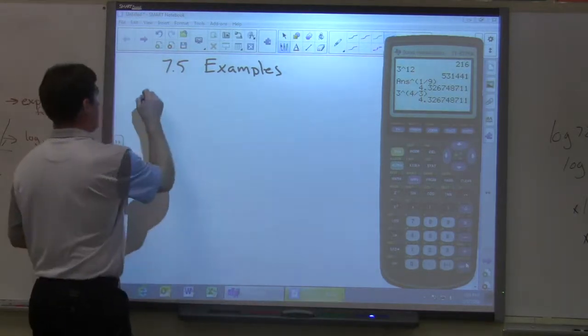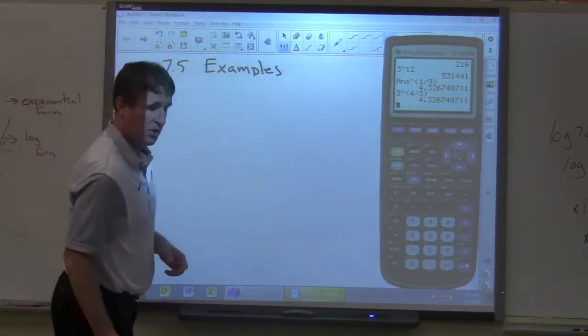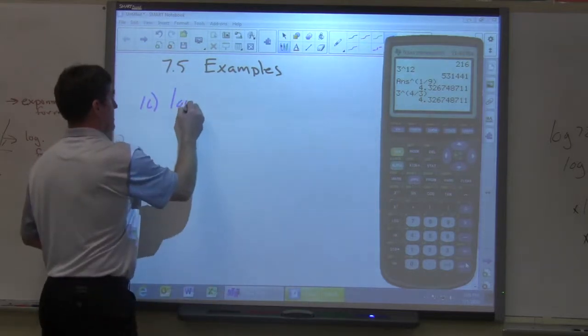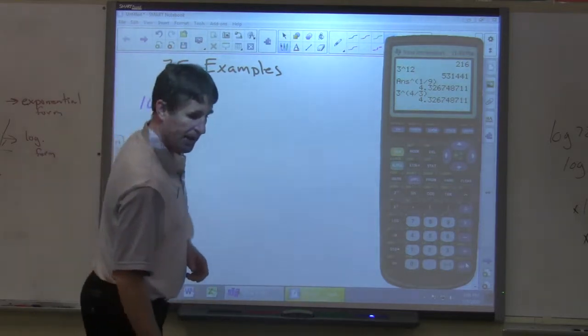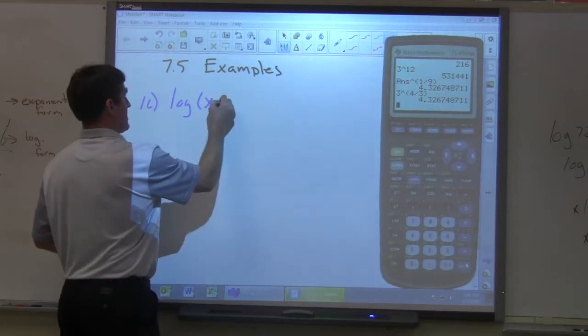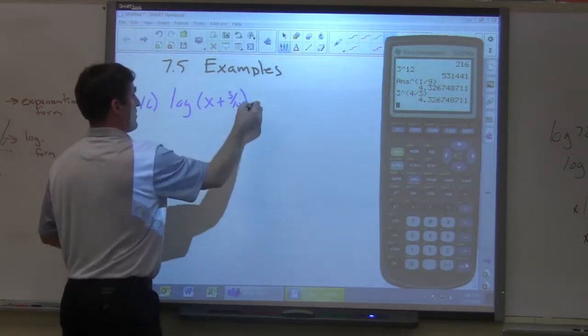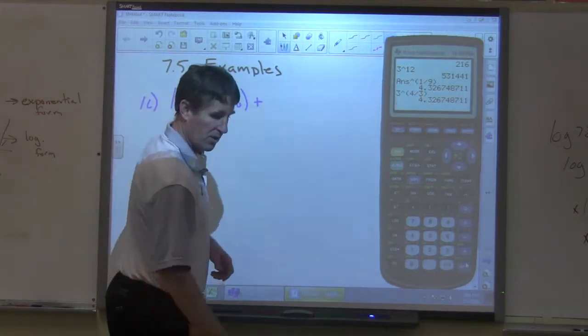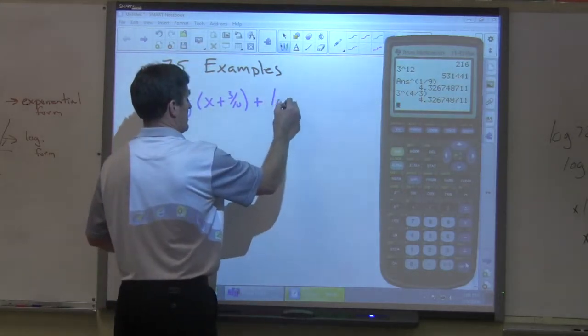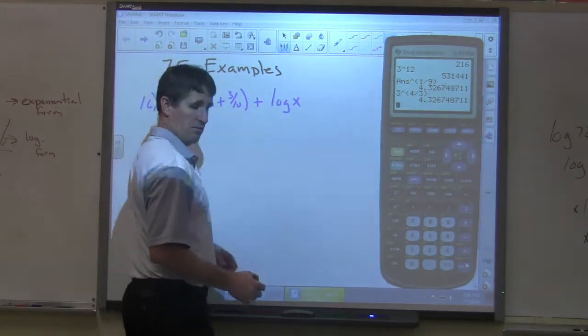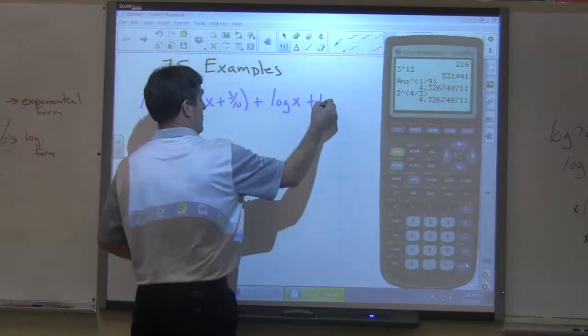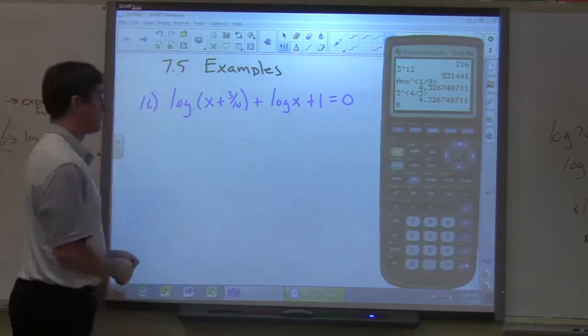16. Log of x squared plus 3/10 x, plus log x... equals 0.